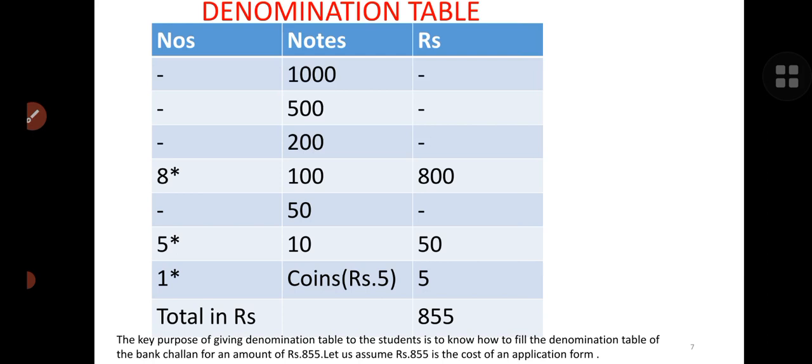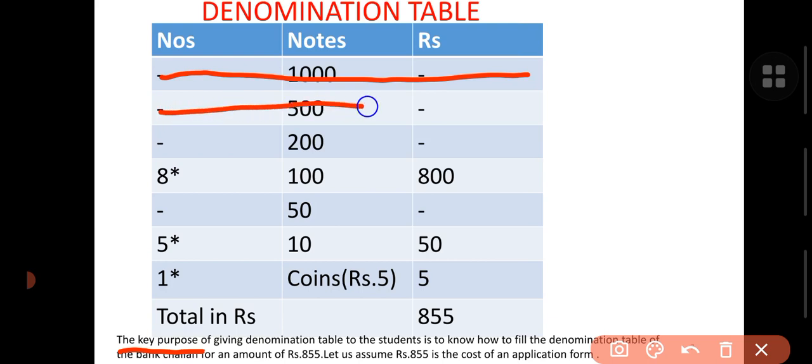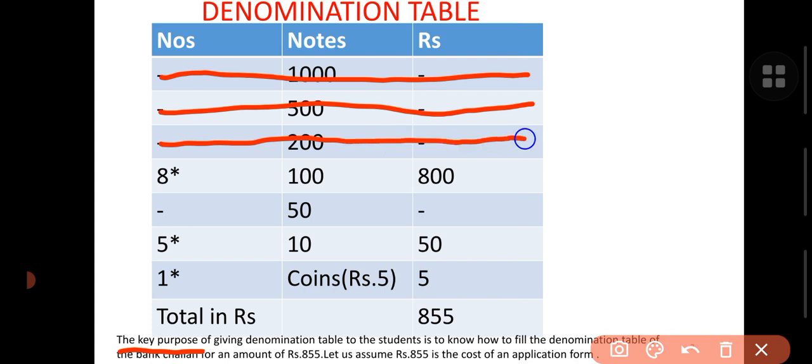Now, coming to the denomination table. In this example number 1, we don't have the 1000 rupees note, so we can strike it out. Also, we don't have 500 rupees note, and 200 rupees note we don't have. 50 rupees note we don't have.